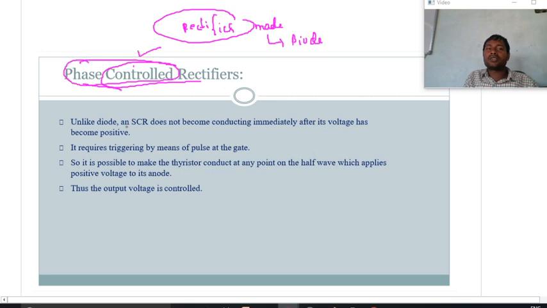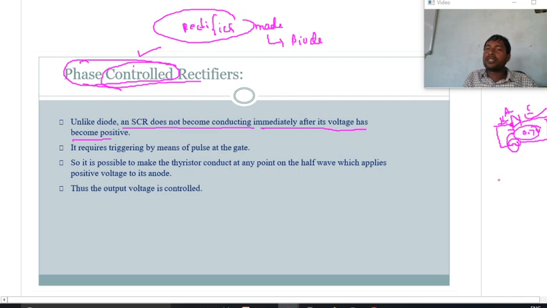Unlike diodes, an SCR does not continue conducting immediately after its voltage becomes positive. If you take a diode and give supply, this is positive and negative, this is the anode and this is the cathode. After giving the positive supply to the anode, after crossing the voltage of 0.7 volt, the diode will conduct.